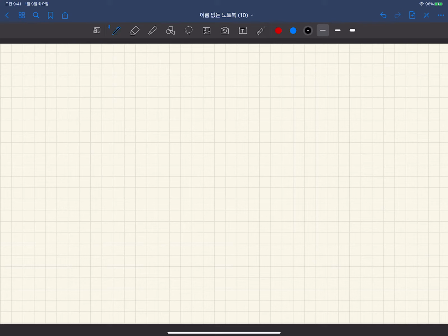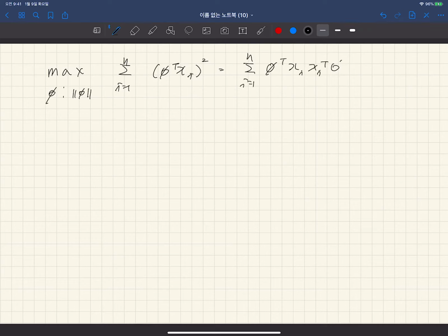As I explained in the previous video, essentially the principal component is the solution of this: the sum from i equals 1 to n of p transpose xi squared. And this is the sum of p transpose xi xi transpose p.